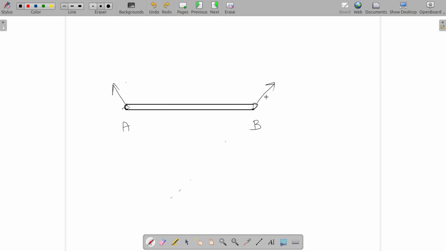So what is possible? Only two types of forces are possible.